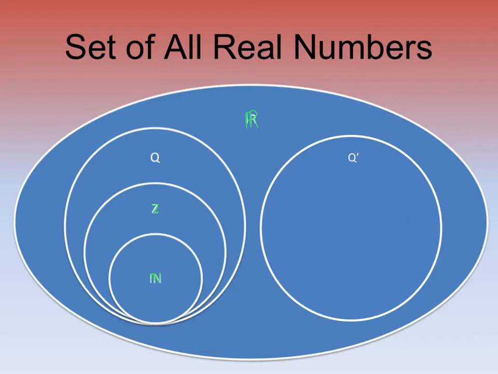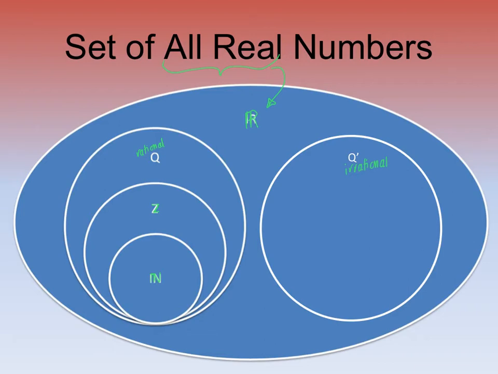Miss, what's the Q? Okay, Q is rational, and the Q prime is your irrational. These here are your all real numbers. The set of all real numbers is basically any number that exists: positive, negative, decimal, whole number, infinite decimal, repeating decimal, doesn't matter.